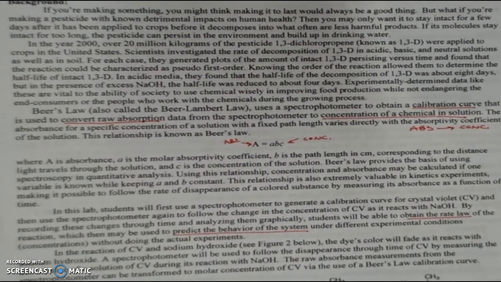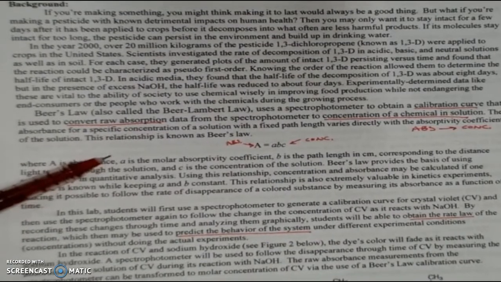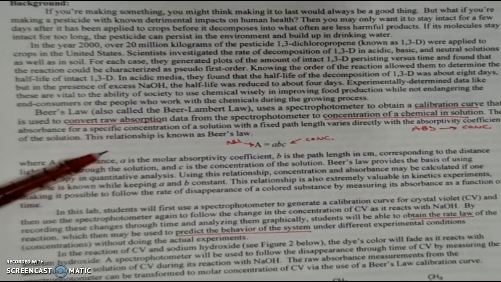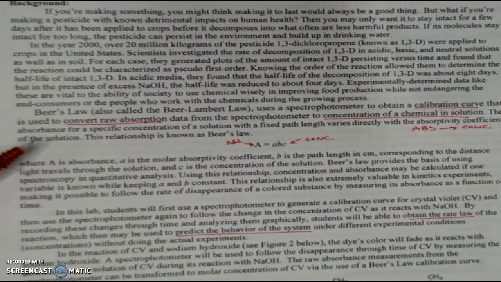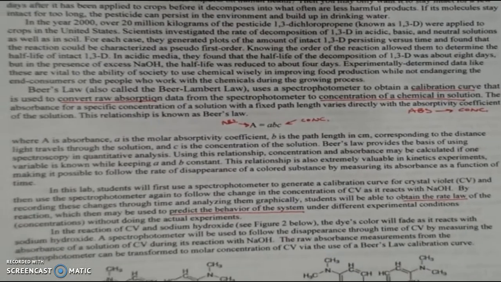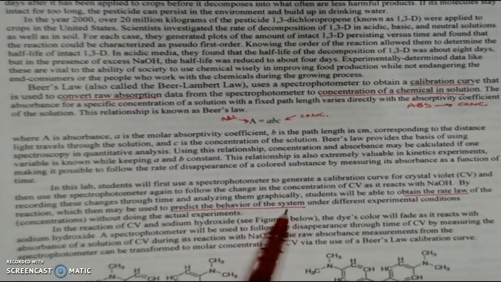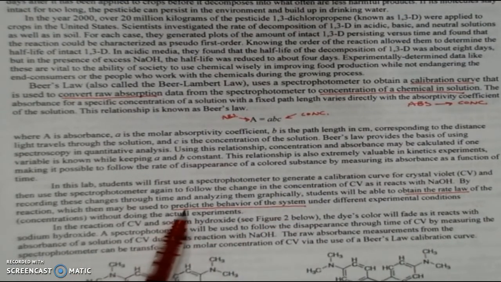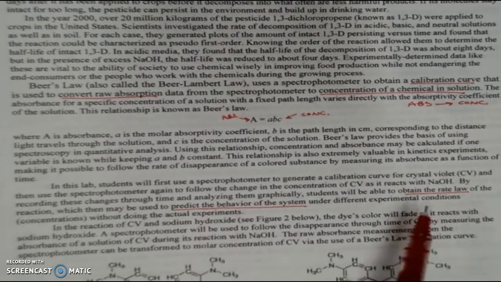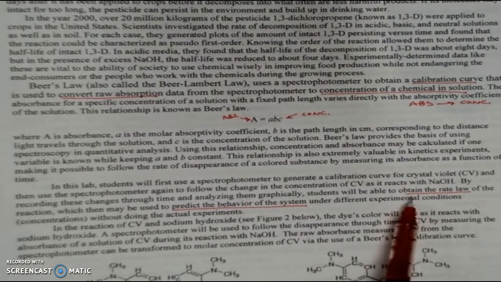All right, so by doing this, if we figure out the calibration curve, then we can go ahead and do a reaction with the crystal violet and sodium hydroxide. This enables you to predict the behavior of that system, because the raw data that we get, we can put into our graphs.